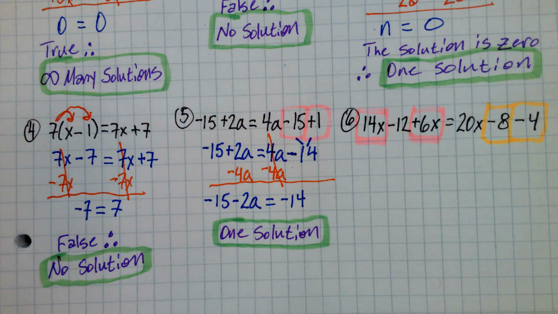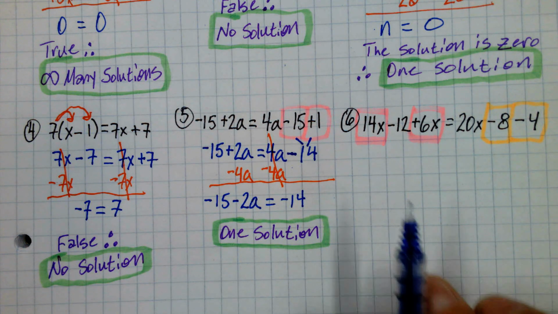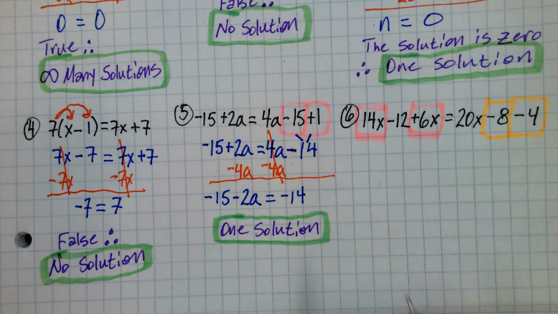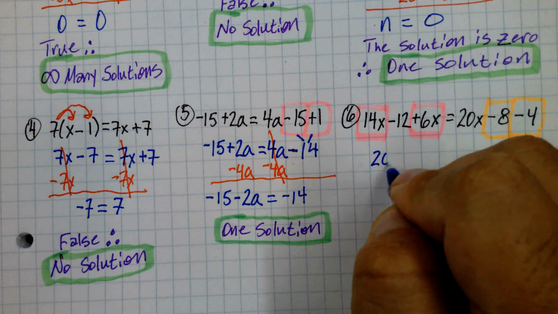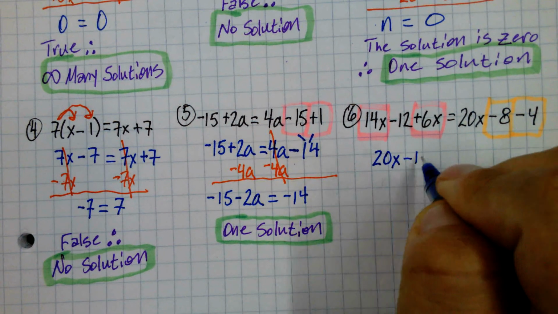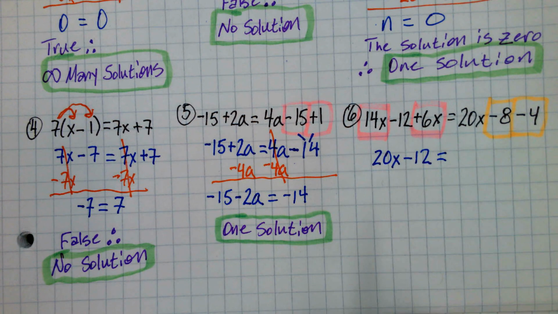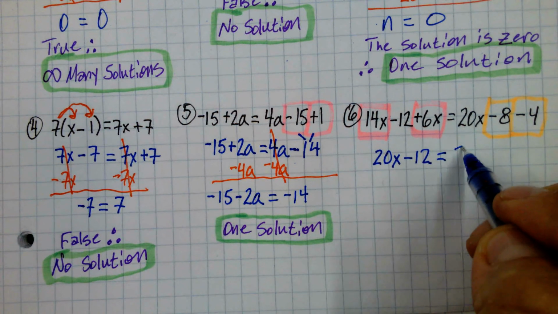Okay. So let's go ahead and do that. Let's see. 14 and 6 makes 20x. Take away 12. I'll bring down the 20x.